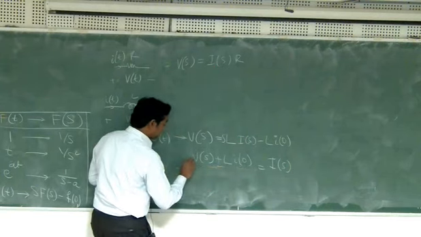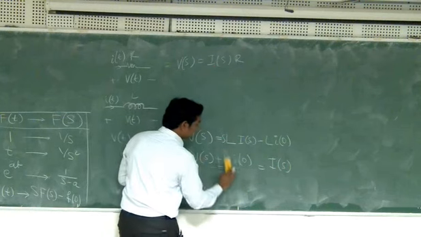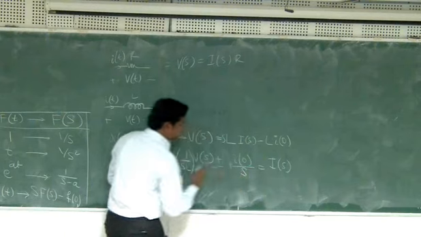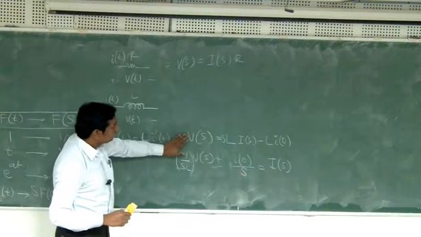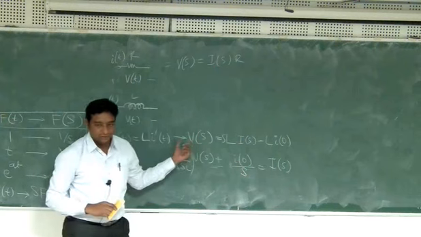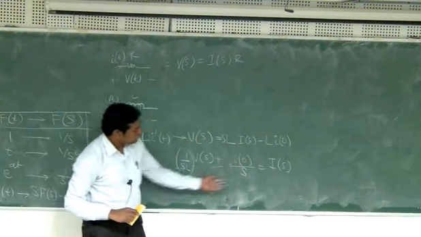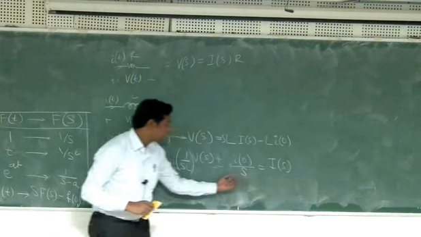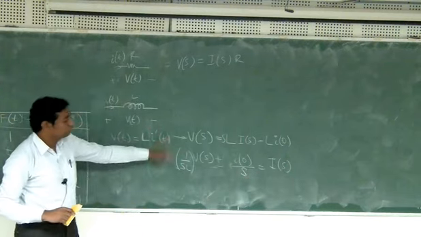So here I can do V of s by sL, and then here that L will cancel, and then I of 0 by s will come. Now, if I look at this one, this is in terms of volts. Left hand side is voltage, right hand side is also voltage. This one, right hand side is amperes, current, and this side also is current. So I can view it in two different ways.